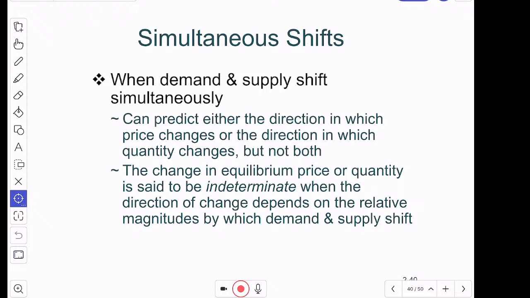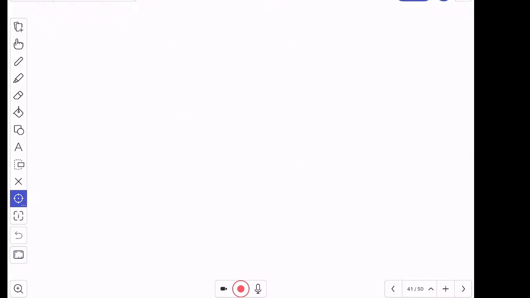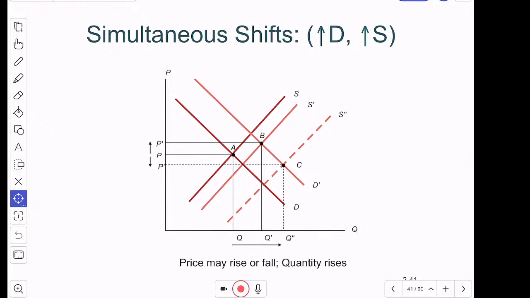Sometimes it's indeterminate. Sometimes you can't say for sure. If both demand and supply increased, we could say that quantity will rise, right? So these are both going forward.